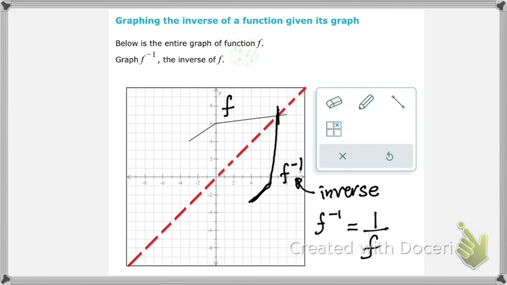Now this f of negative 1 graph is not good enough at this point. It's pretty close, but I just did it freehand, so I need to be more specific. Let's look at how I can get more specific here. I'm going to take this off.